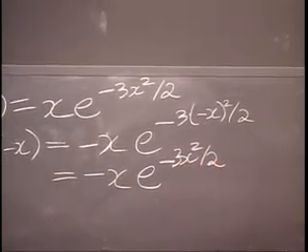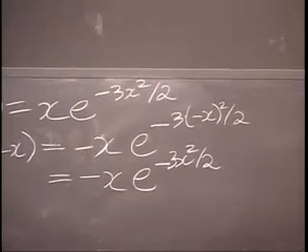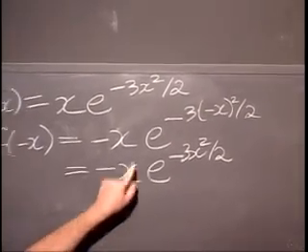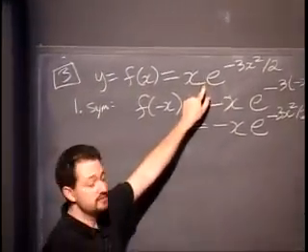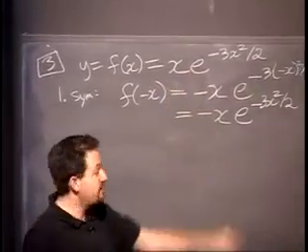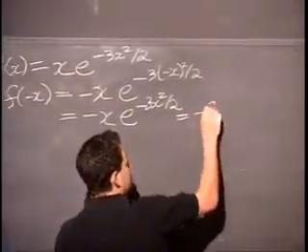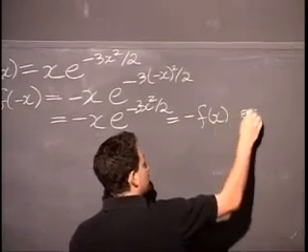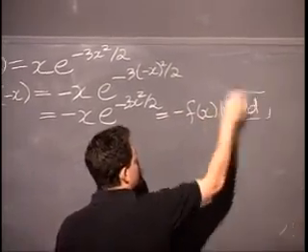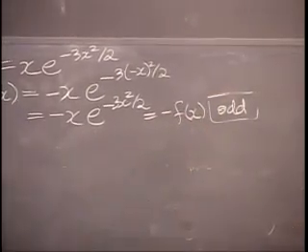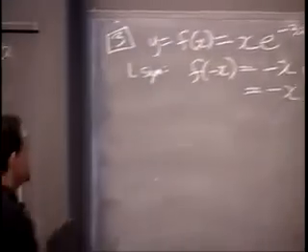So you get negative x e to the minus 3x squared over 2. Actually, this is the same as the original function, except with a minus sign outside. And that is good. This is minus f of x, and so the function is odd. This is great. We only have half the work to do from this point onwards.